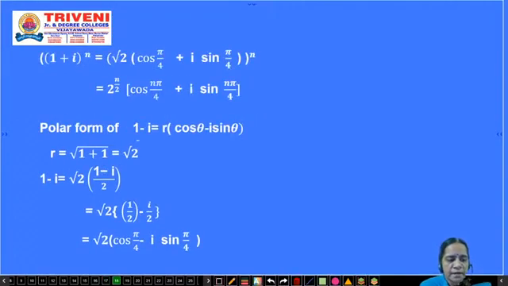Then 1 minus i can be written in the polar form, r into cos theta minus i sin theta. Similarly, the value of r is equal to root of 1 square plus minus 1 whole square, that is 1 plus 1, that is equal to root 2. Multiply and divide by root 2 here: 1 by root 2 minus i by root 2.